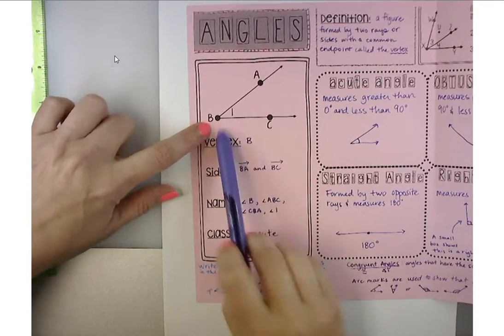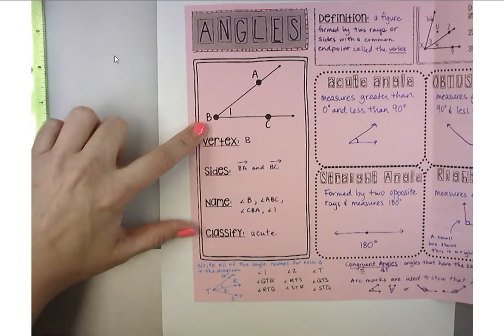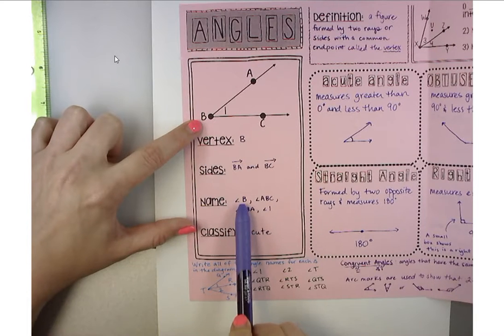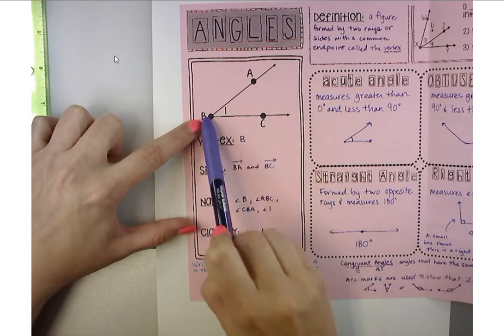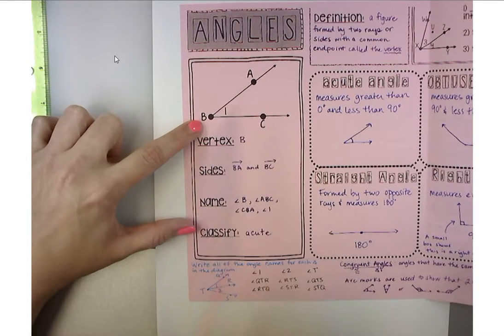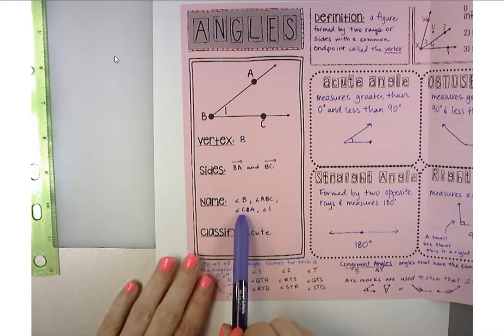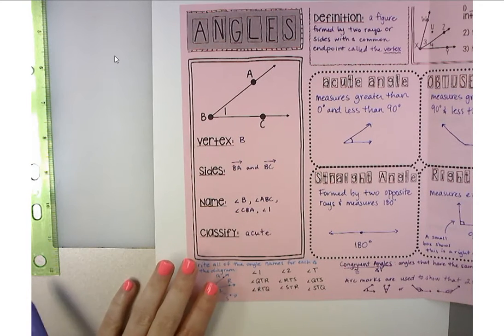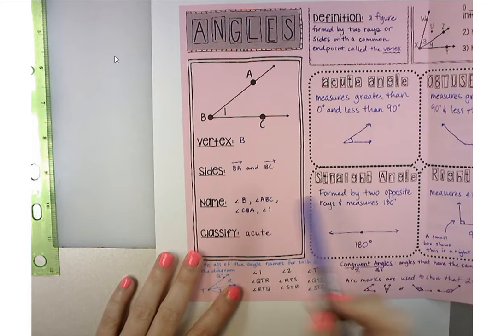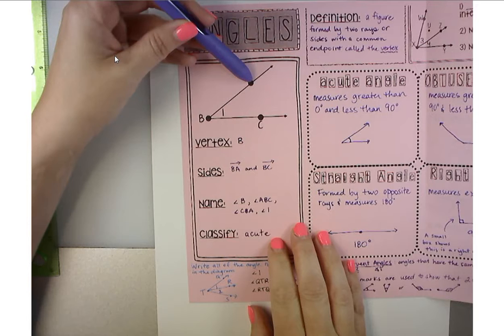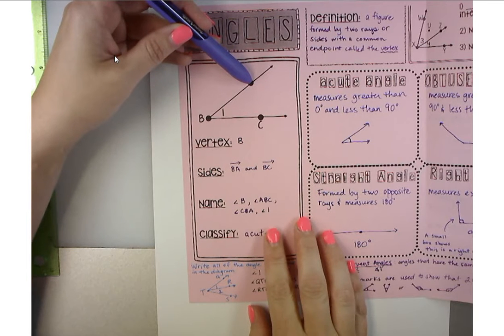We can call this angle four different names. We can either call this angle B, which is just the vertex. We can call it ABC or CBA. Notice in both of those, the vertex B is in the center. And if you're ever having trouble naming them with the 3 points, a good thing to remember is that when you're drawing the angle, you should name it without picking up your writing utensil.